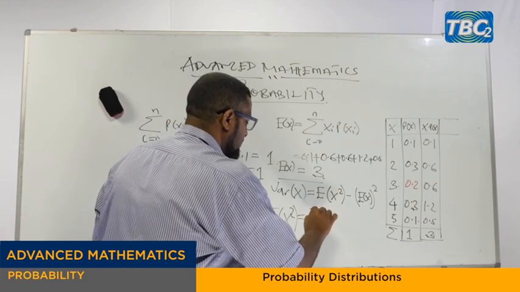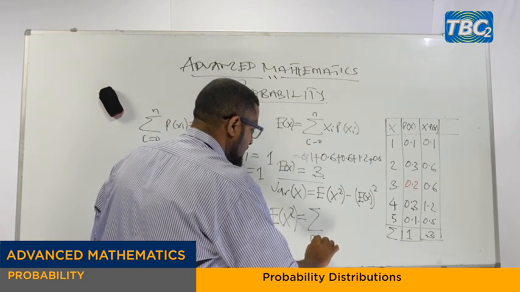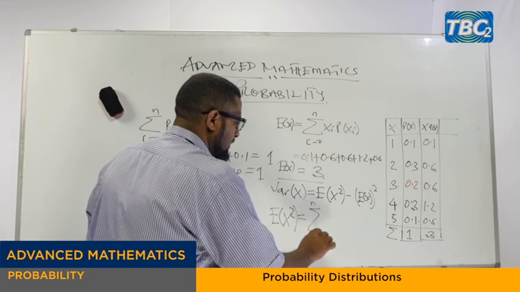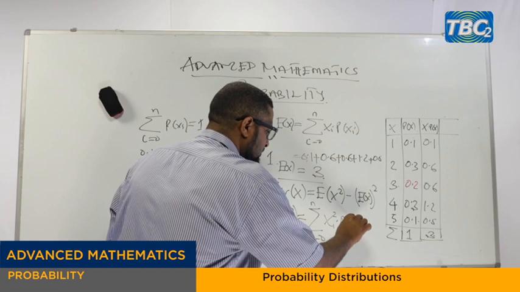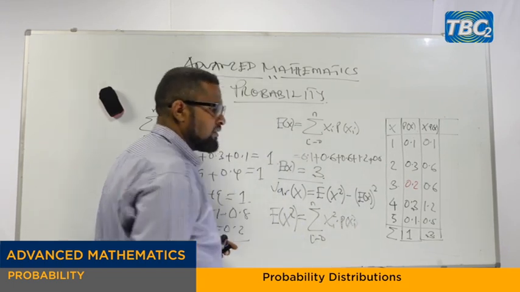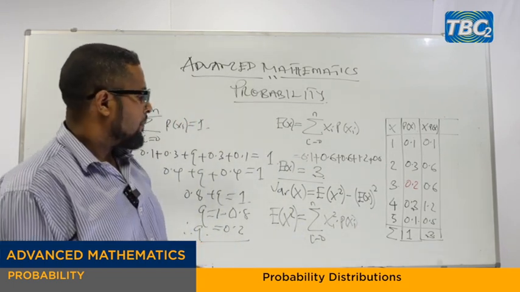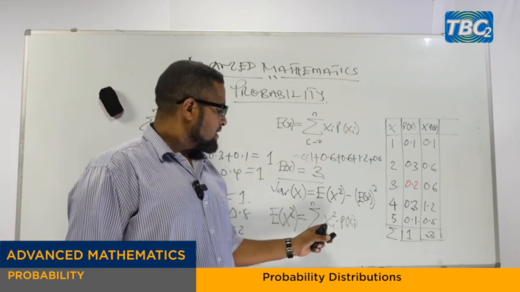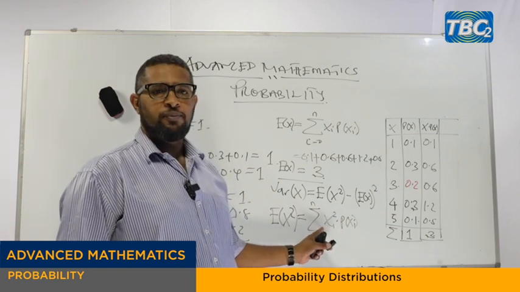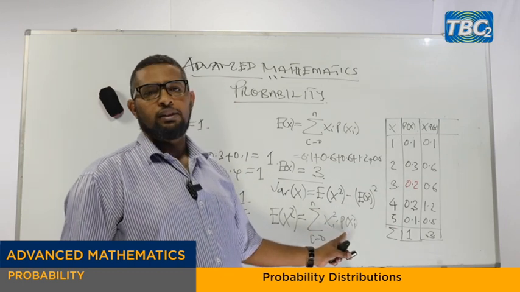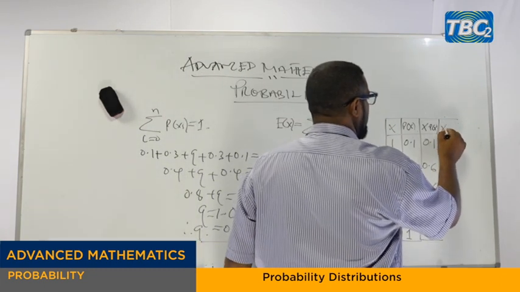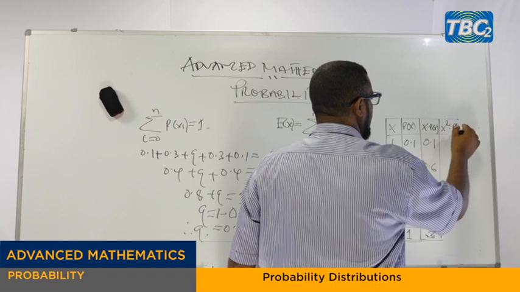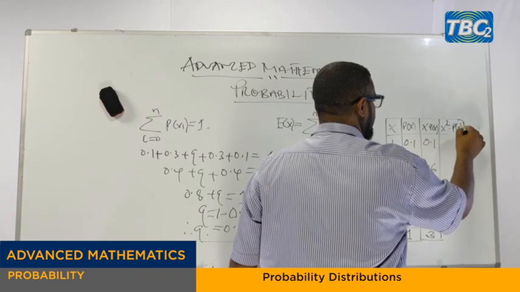The formula is summation from i equals 1 up to n of the variable x square times its probability. Okay, now we need a column that will give us the square of variable x and their probability. So we're adding here a column for variable x square and their probability.